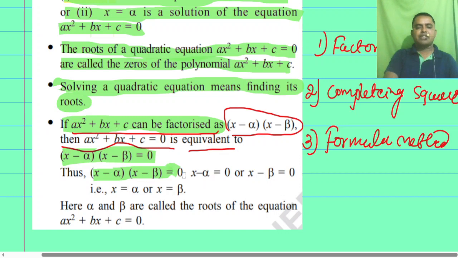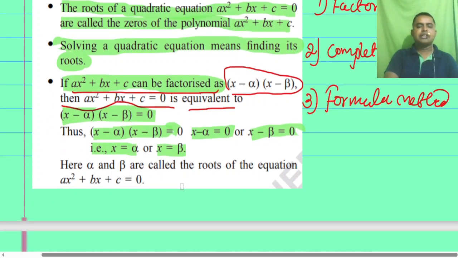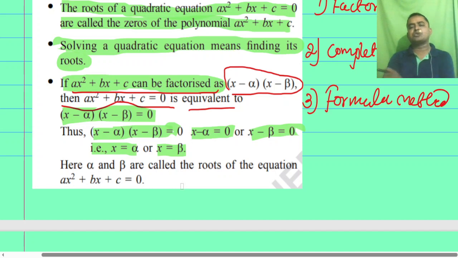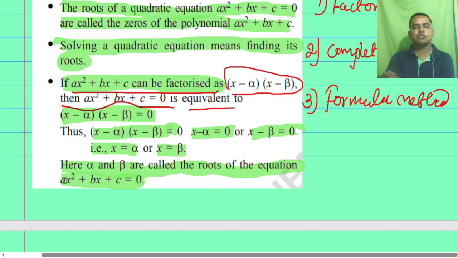Thus, we separately equate each factor to 0: x minus alpha is equal to 0 or x minus beta is equal to 0, that is, x is equal to alpha and x is equal to beta. Here alpha and beta are called the roots of the quadratic equation ax square plus bx plus c is equal to 0.